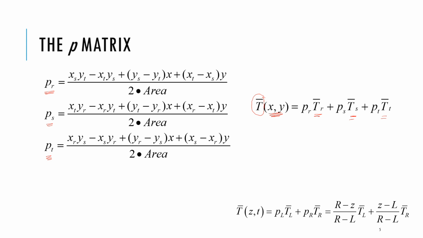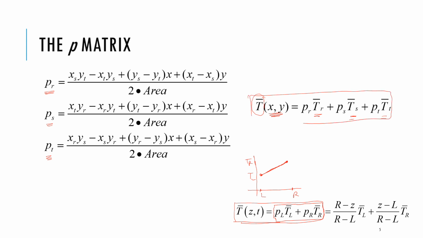Notice how this is pretty much exactly the same idea as we did for a line. If you have two nodes L and R, with a value TL and a value TR, any point in between can be found through this interpolation, PL TL plus PR TR. Look at the similarity between this equation and this equation here.